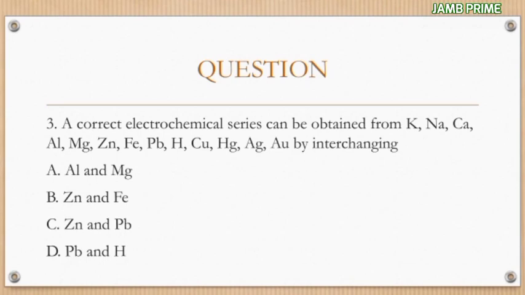It says a correct electrochemical series can be obtained from K, Na, Ca, La, Mg, Z, and Fe, Pb, H, Cu, Hg, Ag, and Au by interchanging.